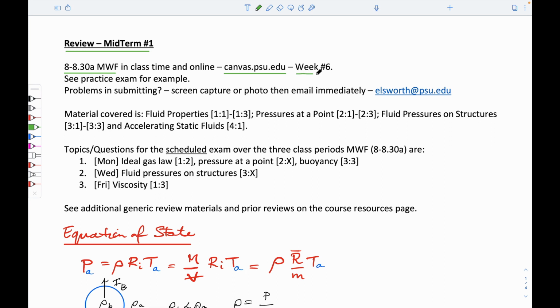It's in class time during week 6. I encourage everybody to look at the practice exam and also the previous exams, as we've talked about in class many times. And it's not supposed to be a problem in terms of the functioning of the exam.